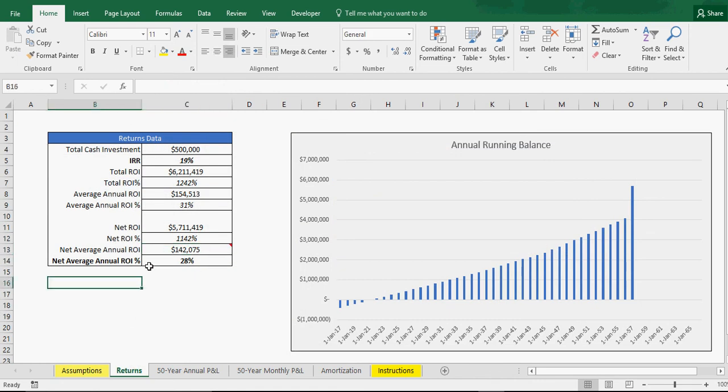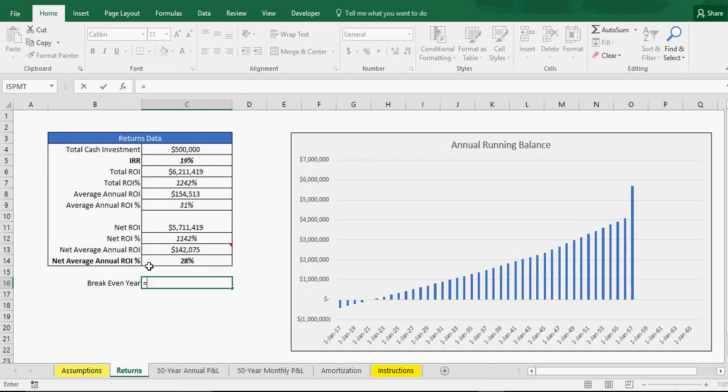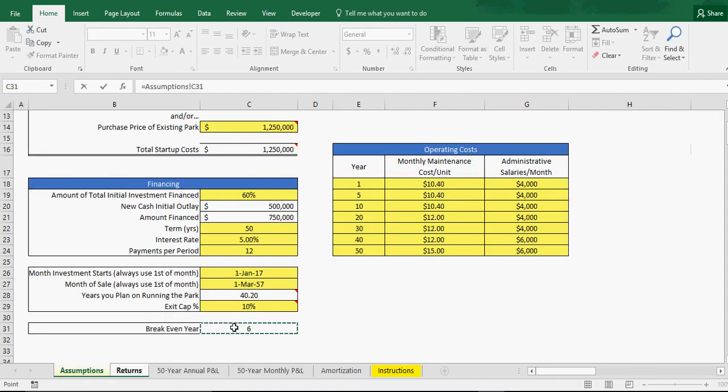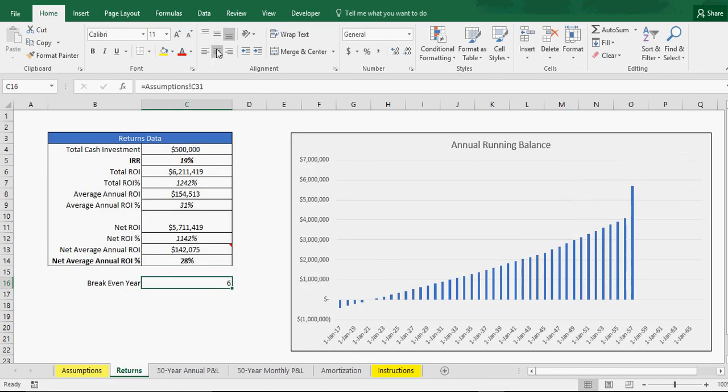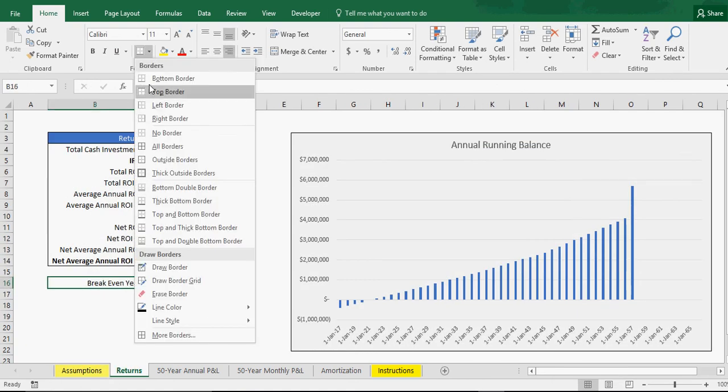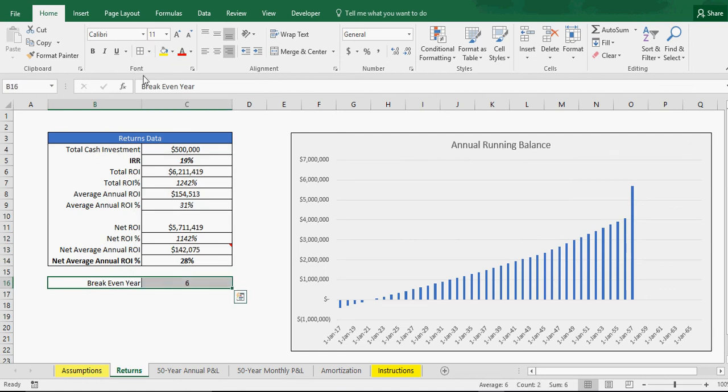So let's put that on here too, just to see. You can see that's going to be year 6. After that, you're just making money, assuming everything goes great.